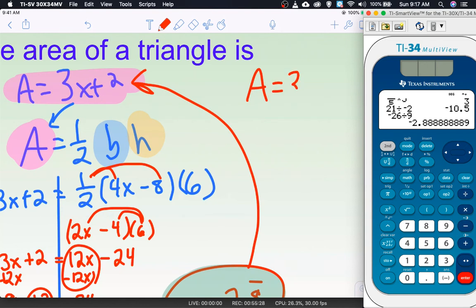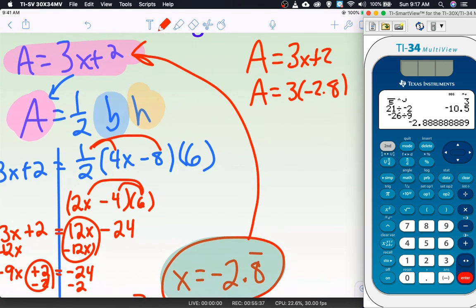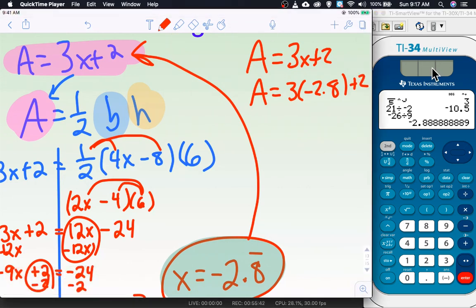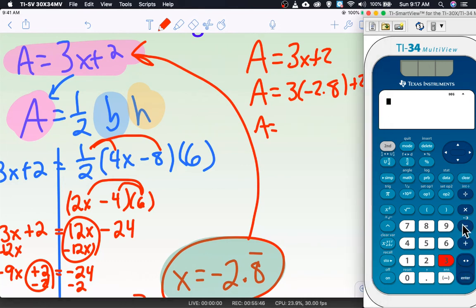Area is 3x plus 2. Area is 3 times negative 2.8. I'm plugging in the x value we just found. Plus 2. Area is, calculator time, 3 times negative 2.8. Oopsie, I made a boo-boo. 3 times negative 2.8888888888.